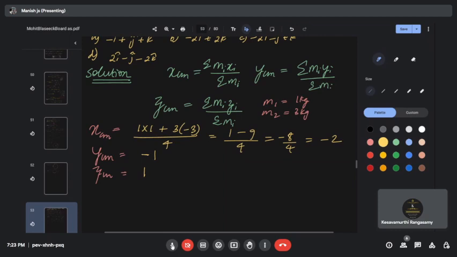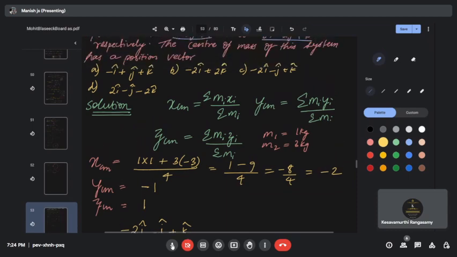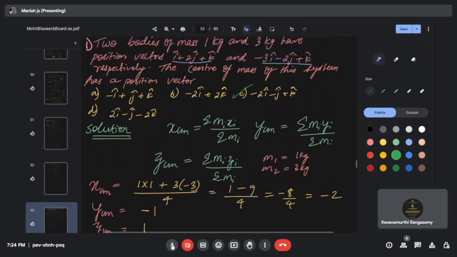X represents i cap, so we write minus 2i. Y represents j, so it's minus j cap, and z represents k, which is plus k cap. Hence the answer is minus 2i minus j plus k. So the answer is option C. The third option is right.